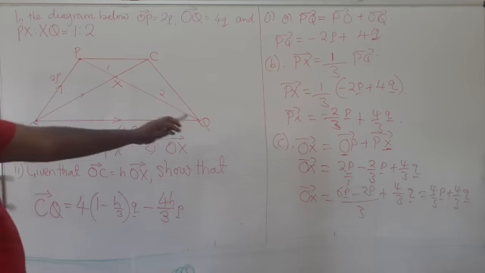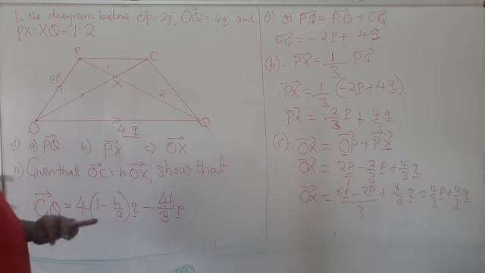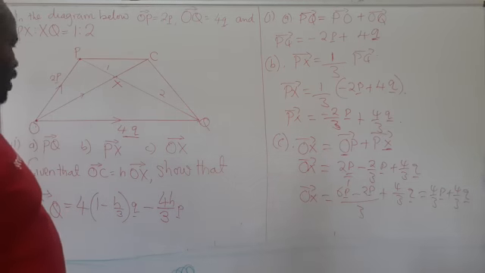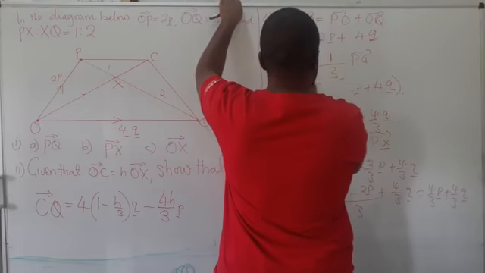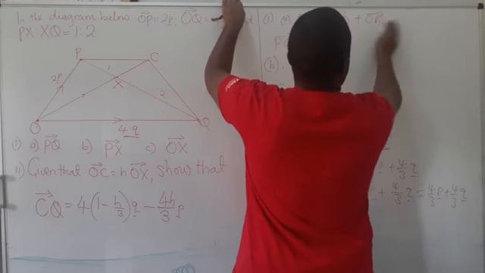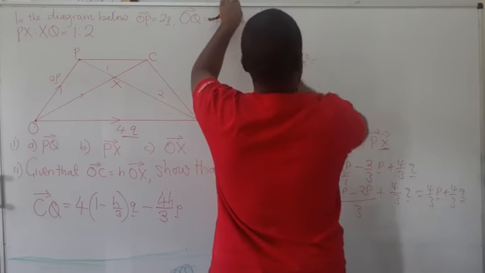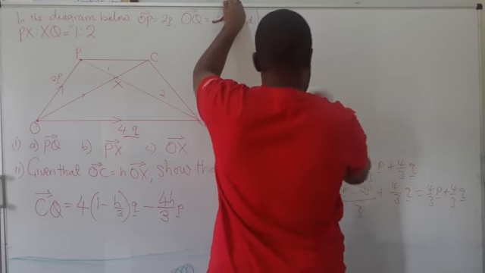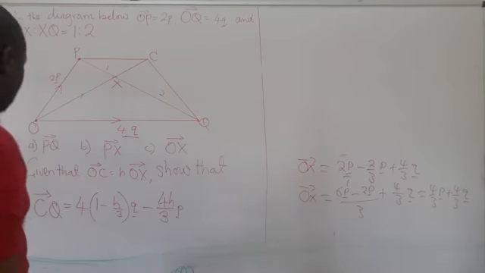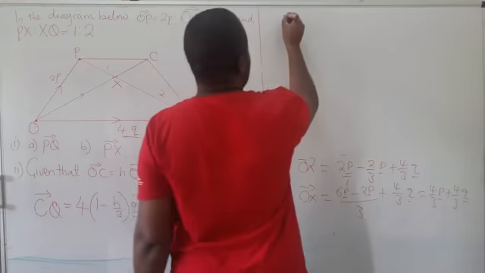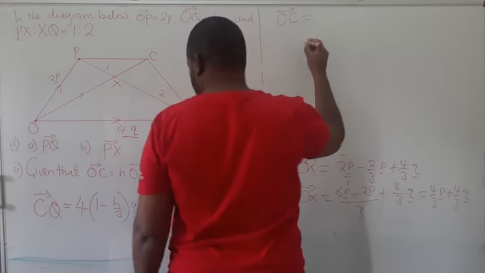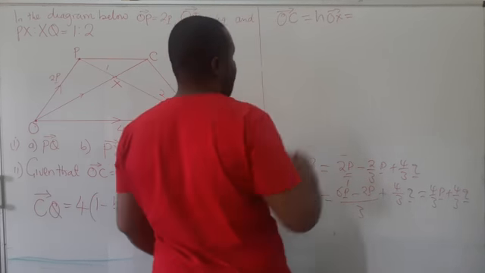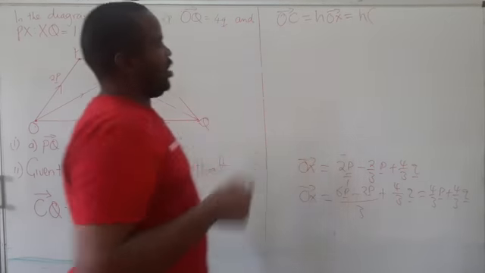Okay, where is our C? C to Q. So you might need to move from C to O to Q. Okay, so we are saying OC is equal to H of X. This will be equal to, so we have H, take note, H is a constant, you can even put K, okay?